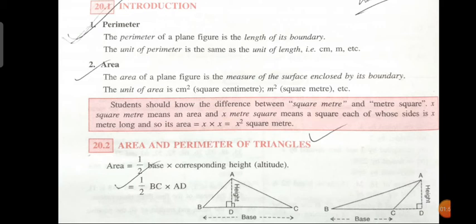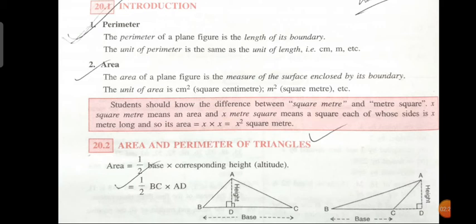That boundary is the 4 straight lines, and that boundary's length is the perimeter. The unit of perimeter is the same as the unit of length, such as centimeter, meter, etc.